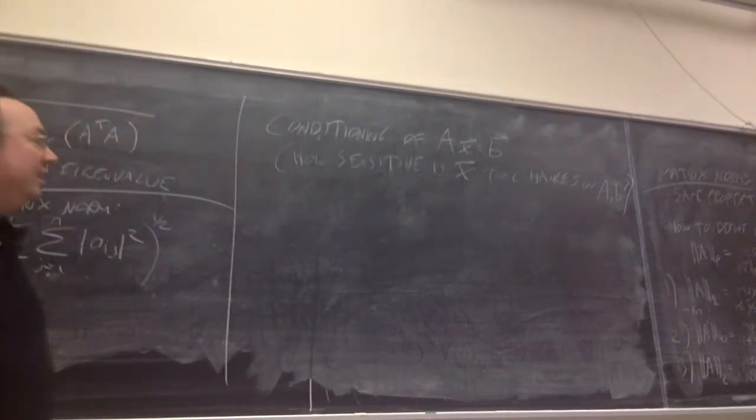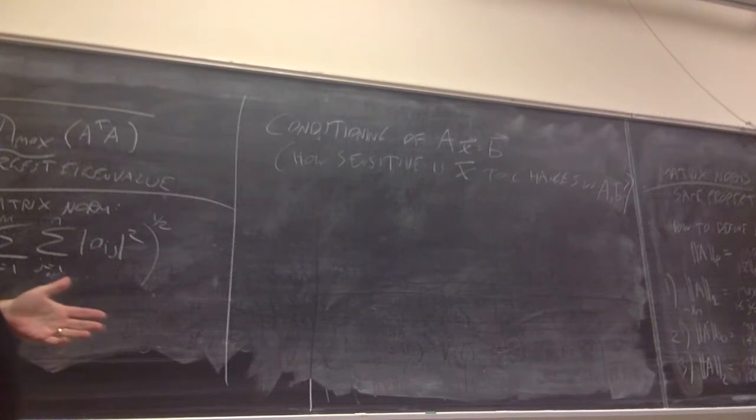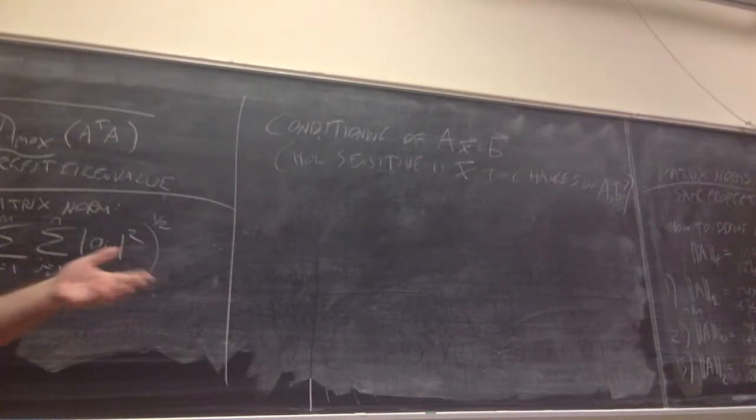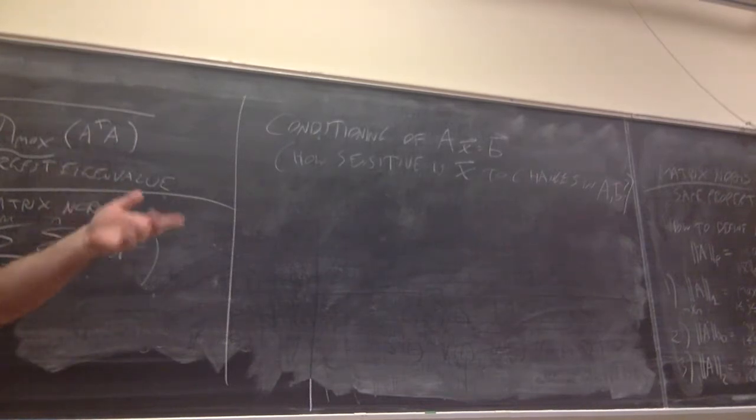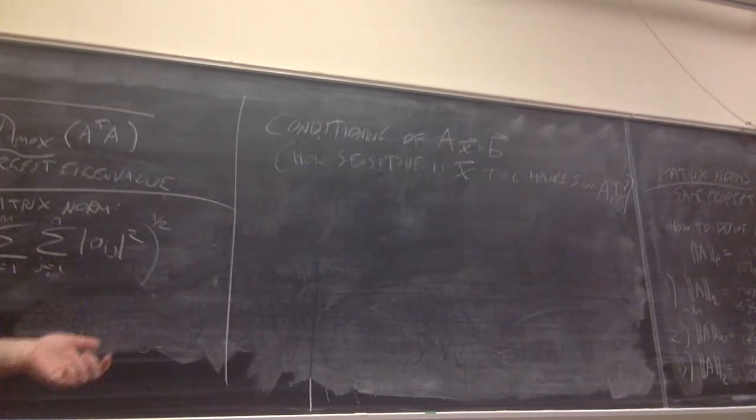Now, this is something I covered a lot in the previous semester for all different kinds of problems, and for any problem we talk about this semester, there's always going to be uncertainty in the input to your problem: your matrix A, your vector b, or a prior computation. If the solution is thrown off a lot by those errors, that's a big problem, because it means maybe we can't even trust the solution that we're getting.